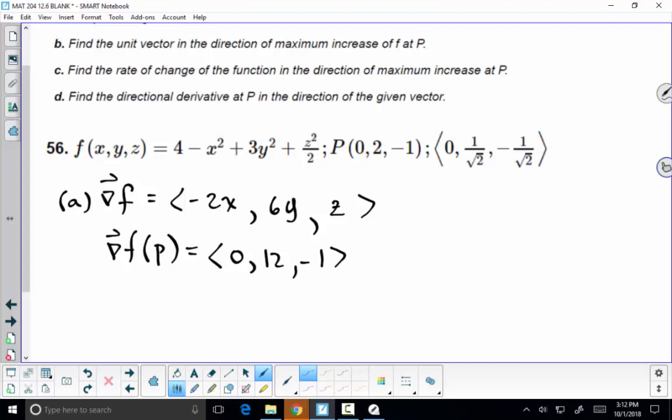We can't see it. So this is a temperature function, right? It gives us a temperature at every point in 3-dimensional space. The gradient is pointing in the direction of maximum temperature increase.